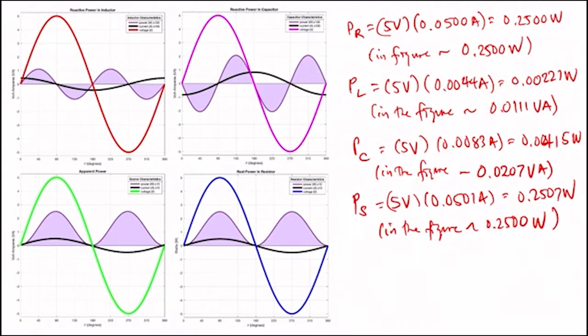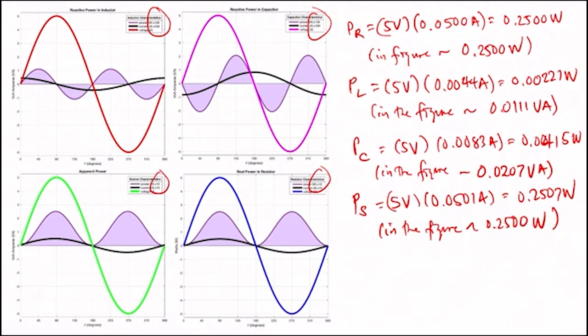Notice that in the figures, the current is multiplied by 100, as well as the power. So they are scaled to 100 in the reactive power in the capacitor and in the inductor, but in the apparent power and real power, they're scaled to about 10. Okay, so what you see there are exaggerated graphs of the power and the current.